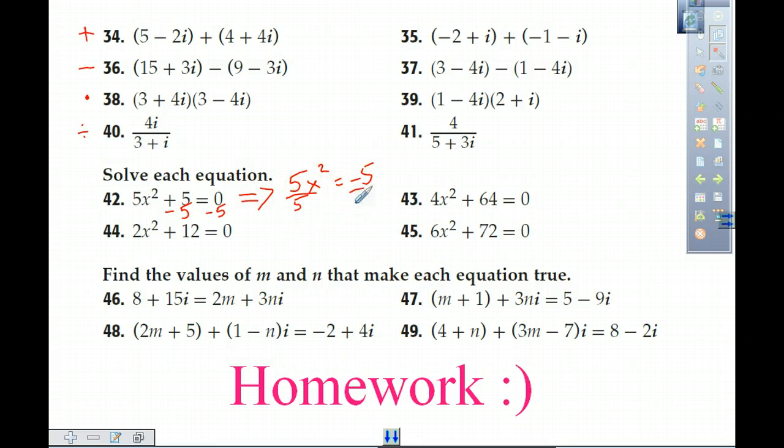Divide both sides by 5. And you end up with -1. x squared equals -1. Square root both sides.